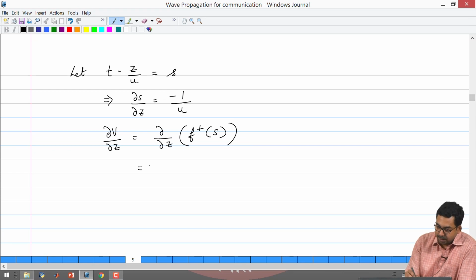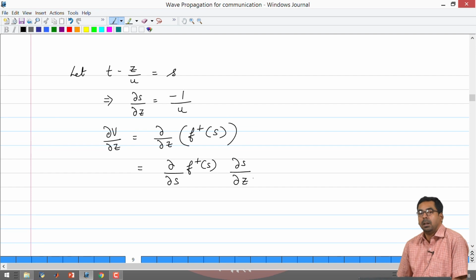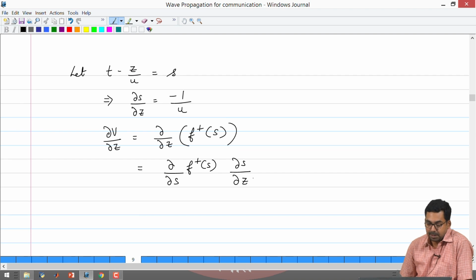So, this again can be written as dou by dou s of f plus of s multiplied with dou s by dou z. This is just a refresher, since it may have been a long time since you did this in your undergrad, right, and it is a very useful technique to simplify this part where you find out whether the solution is going to work or not.